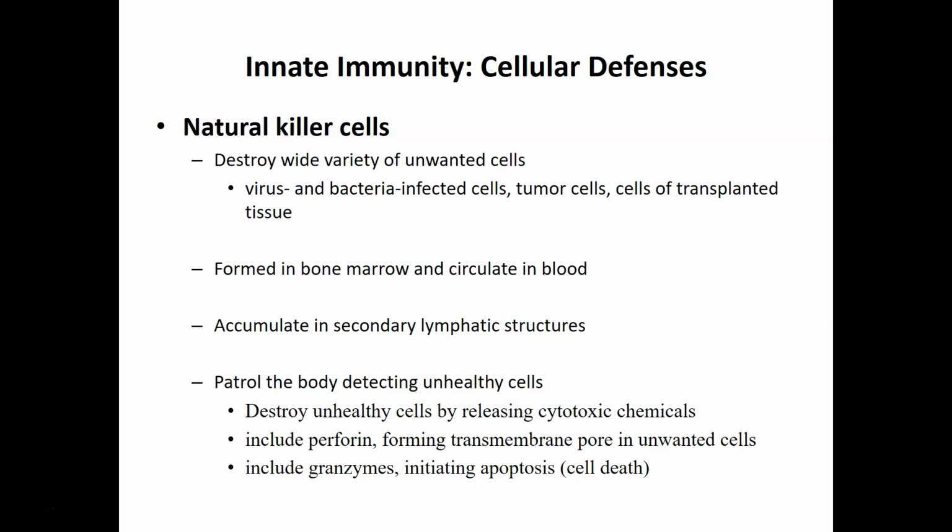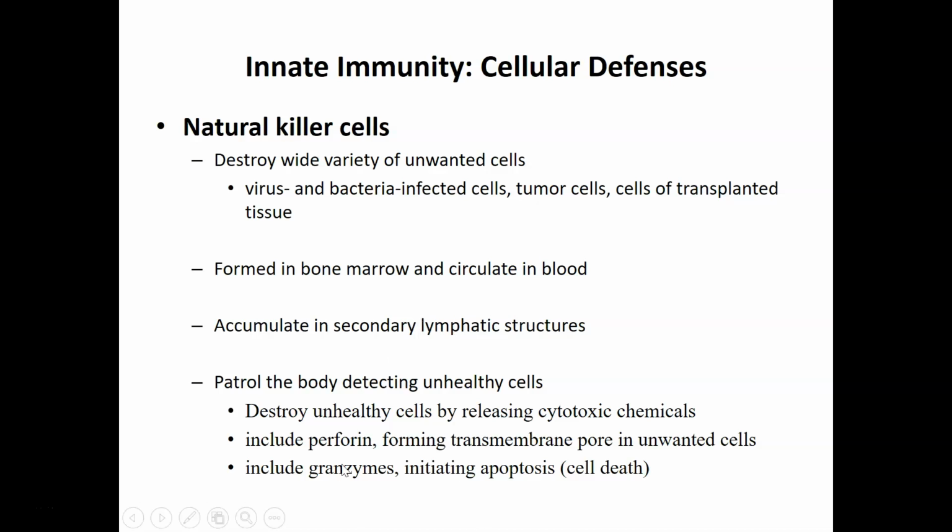Natural killer cells are able to detect those. Okay? Tumor cells are another example. Tumor cells put abnormal proteins on their surface, and that betrays them as an abnormal cell. Natural killer cells are usually circulating in the blood or as part of a lymphatic nodule, remember, a group of immune system cells in a secondary lymphatic structure, such as a lymph node or the spleen.